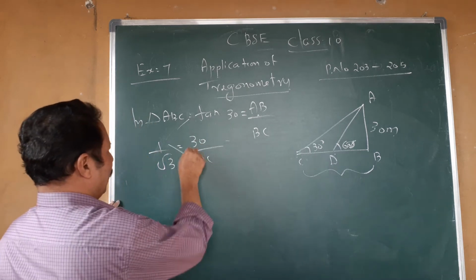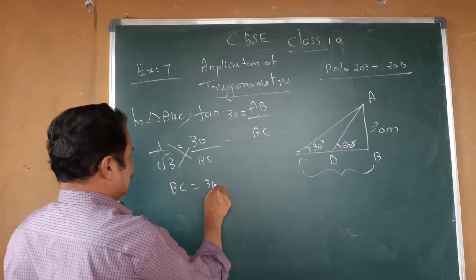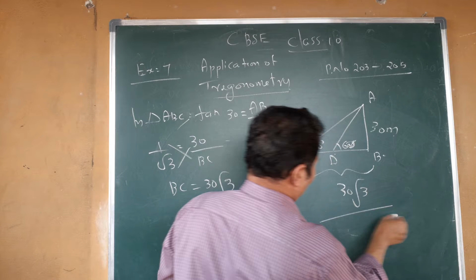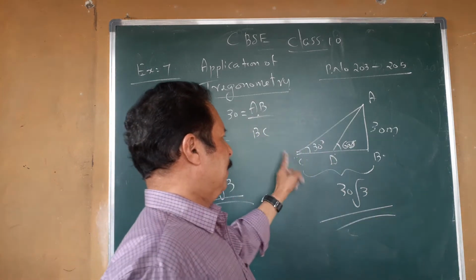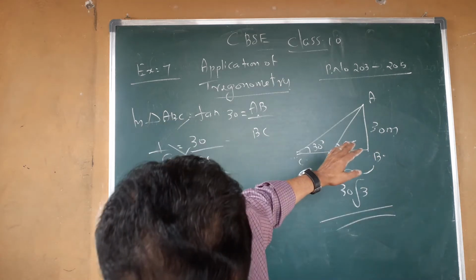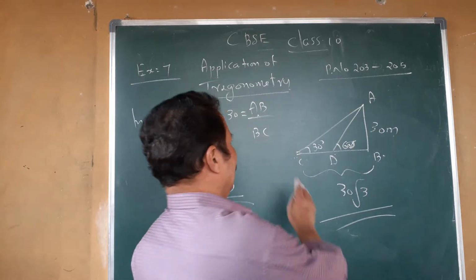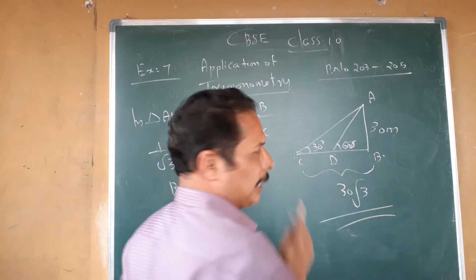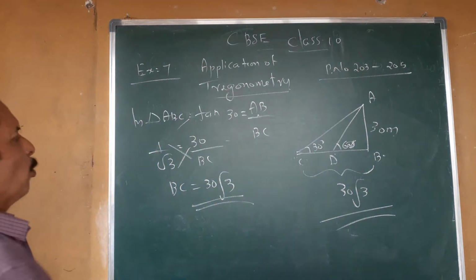Is it clear? Then by cross multiply, BC equal to 30 root 3. The distance is 30 root 3. That is the distance from the boy's first point of observation to the building, 30 root 3. Is it clear? And that's over.